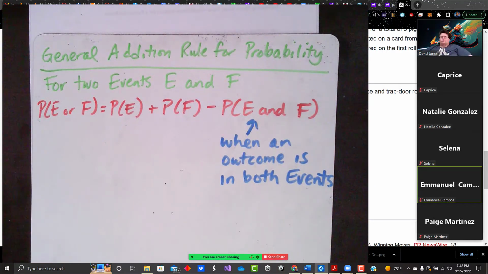Like rolling 2 4s. 2 4s was in the event 8, and it was also in the event doubles.